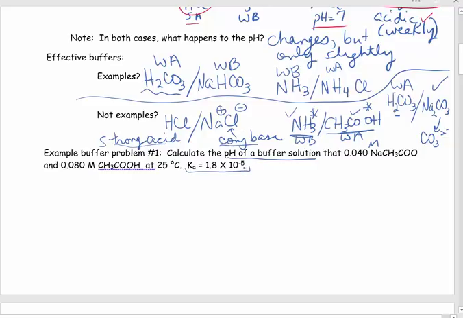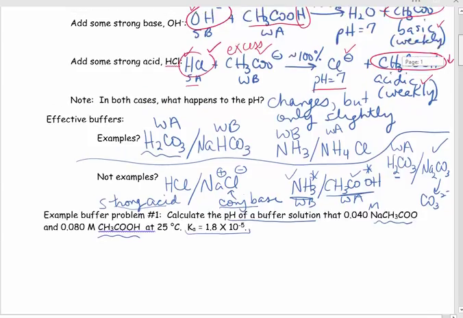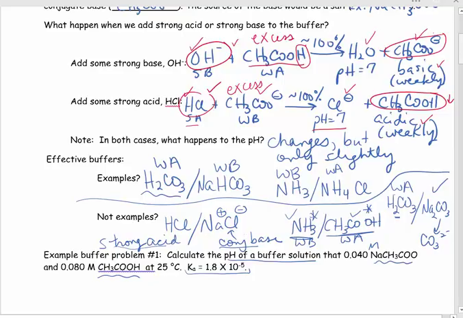So in this particular problem, just like above, either one of these substances can be our reactant. Okay, so remember up here, if we were adding hydroxide, we reacted the hydroxide with the acetic acid, the acidic part of the buffer. And if we were adding the strong acid, we reacted it with the basic part.